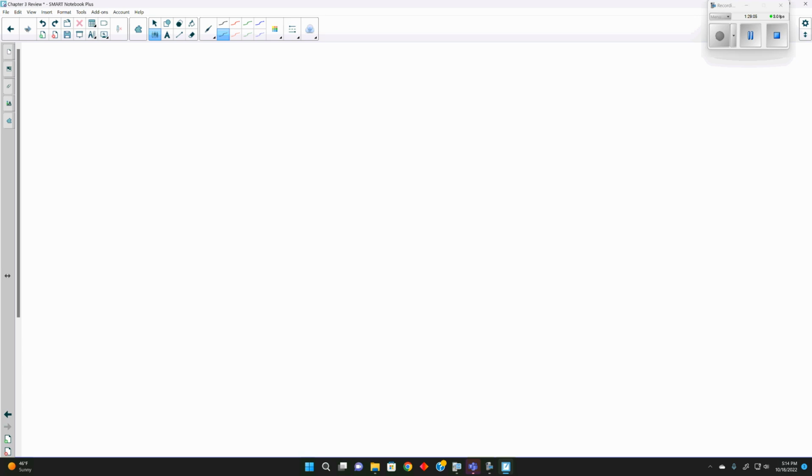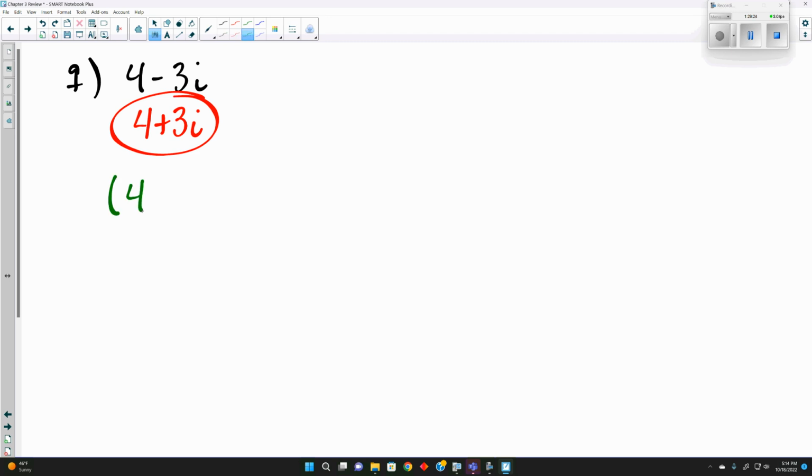Now there is one last part, find the conjugate and their product. So for Q, we have 4 minus 3i is what's given. Well, the conjugate, we're really just switching the sign in front of the term with i. So its conjugate is 4 plus 3i. And the last part we want to find is their product. So 4 minus 3i times 4 plus 3i.